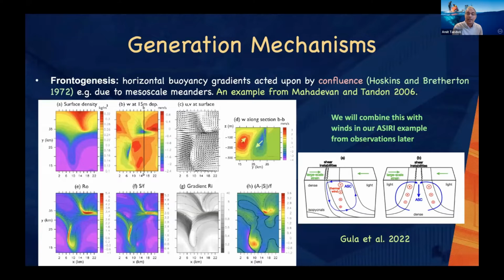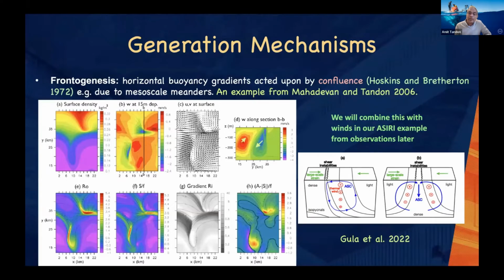And there are cartoons in the literature. One I'm showing you is from a chapter by Jonathan Gula, which shows that if you just think about this in terms of a single front, then there's an ageostrophic secondary circulation that gets developed by the large scale strain. So what's providing the large scale strain? The large scale strain can be provided by the frontal instabilities themselves, or even by the mesoscale eddies squeezing the isopycnals together.